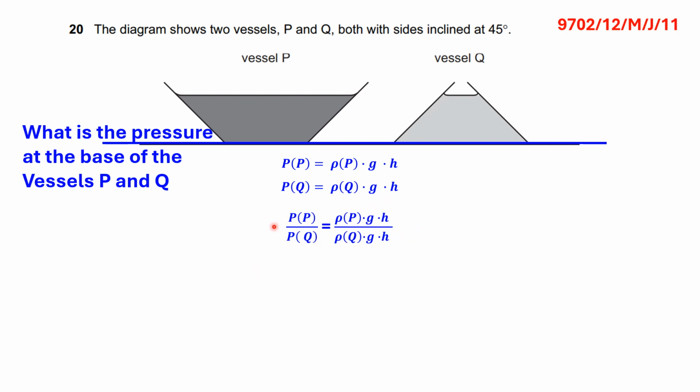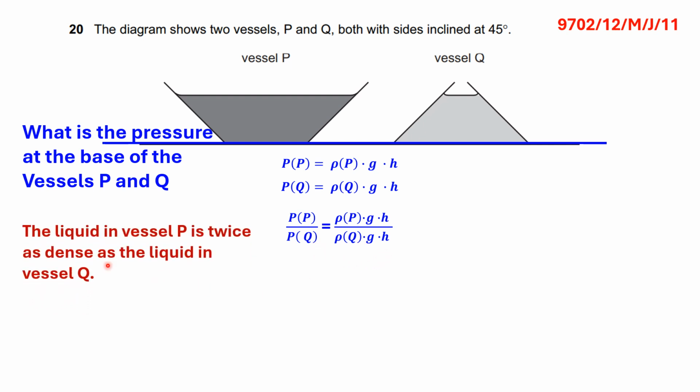So, it's asking for the ratio, P over Q. However, the question is saying the liquid in vessel P is twice as dense as the liquid in vessel Q, which means that the density at P is 2 times the density of Q. So now we are going to cancel the variables rho, g, and h.